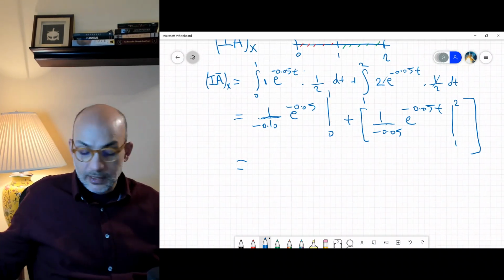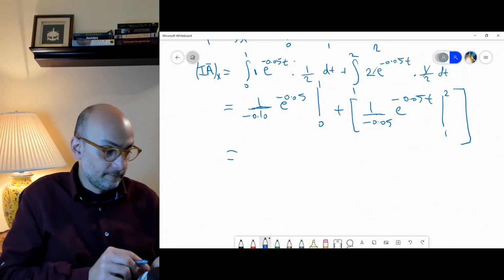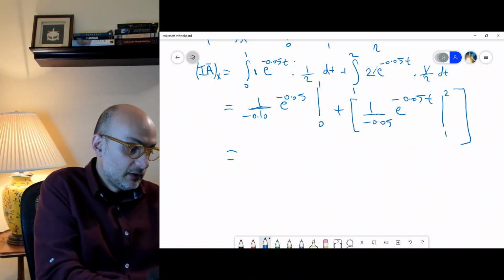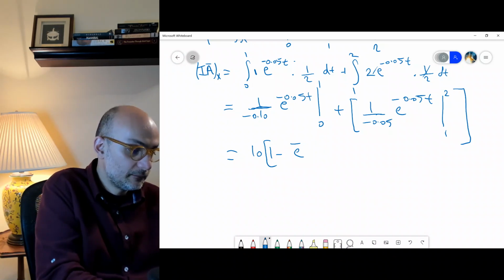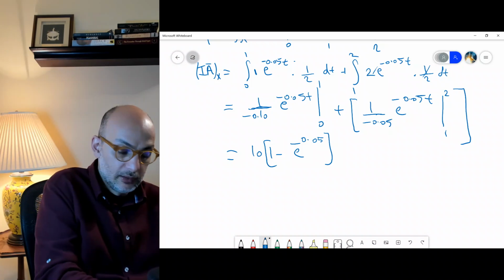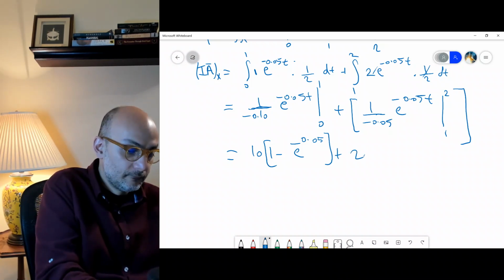Now if you use your calculator quickly, you can simplify this 1 over 0.10, it will be 10, and because we plug in 0, it will be 1 minus e^(-0.05). Then this one, 1 over 0.05, will be 20. Same thing.